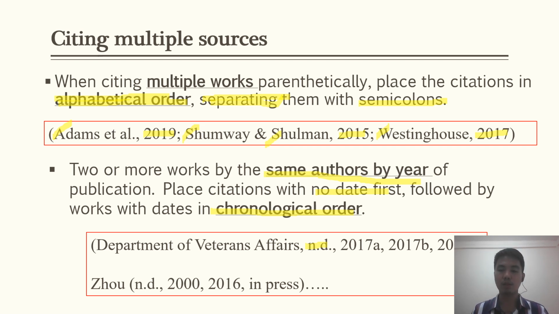So like for example, kapag merong article or merong readings or merong book na pinublish ang Department of Veterans Affairs, and the first edition ay walang year published, so we place it as no date. However, if there are subsequent publications, subsequent books or readings ay meron ng year published, we place them in chronological order. Okay? So same is true with this example.